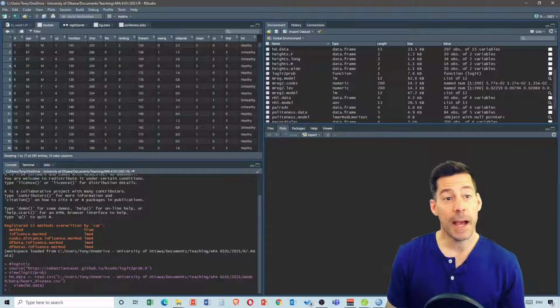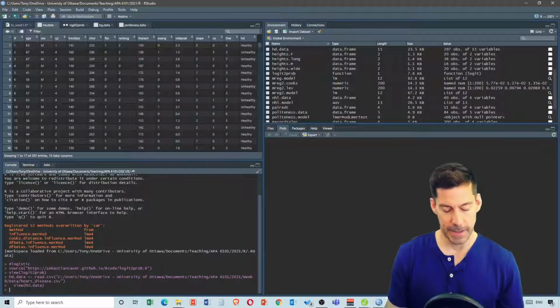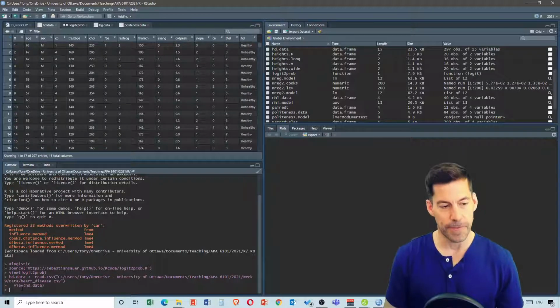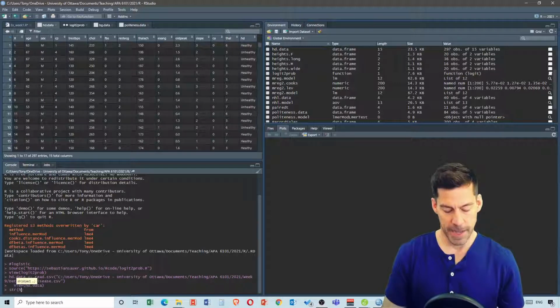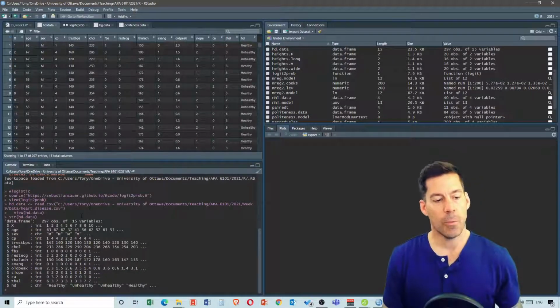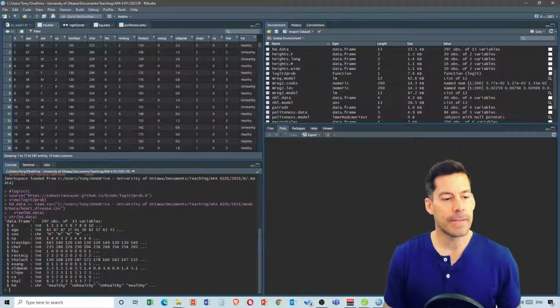Now, one thing I may need to do is look at the structure of this data. We need to make sure the variables are correctly identified as factors. So I'm going to use the function str, or structure, of hd.data. What we see is that some of these variables are categorized as character variables and some as integers.